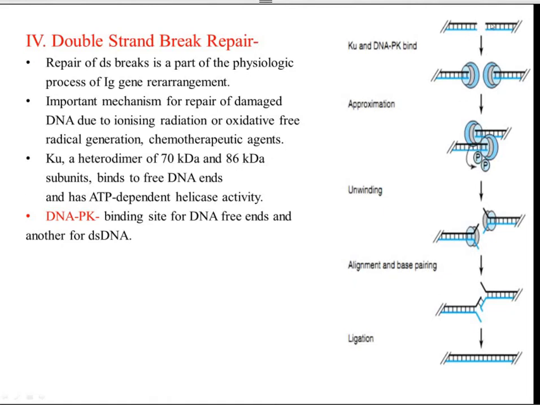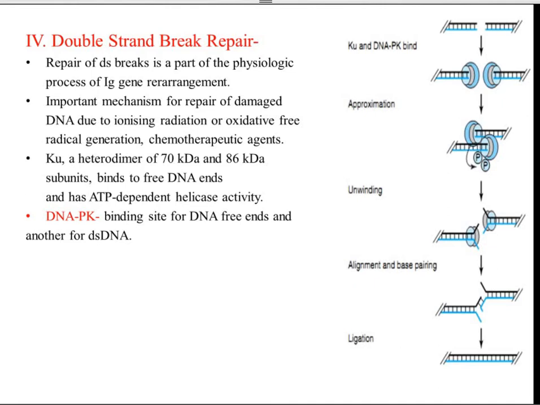Now, if this happens, these two strands cannot come close together. We know that in order for these strands to come back together, they simply cannot unite like this. There has to be again complementary base pairing between the two strands by formation of sticky ends, so that base pairing can take place. Now, this is a very important phenomenon.